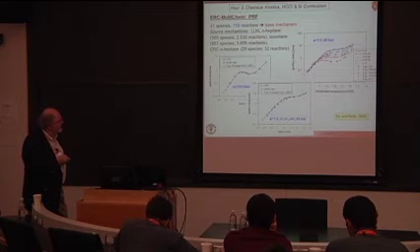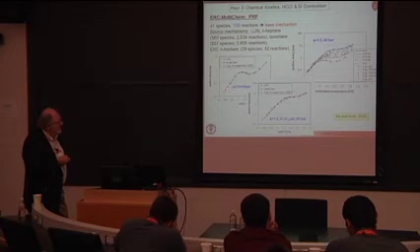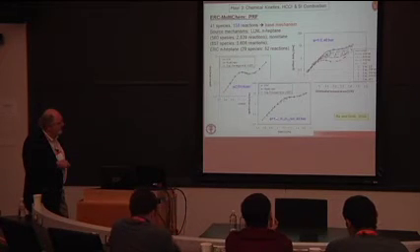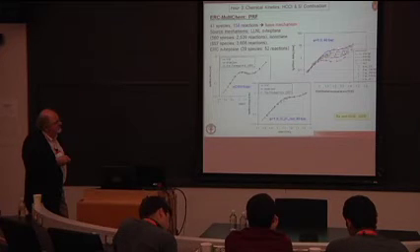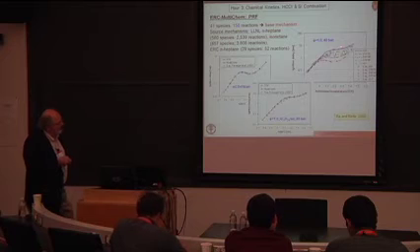As you can see, it does a pretty good job. Here's the ignition delay versus experimental data for N-heptane air, and here for isooctane air, and here for various isooctane N-heptane blends.